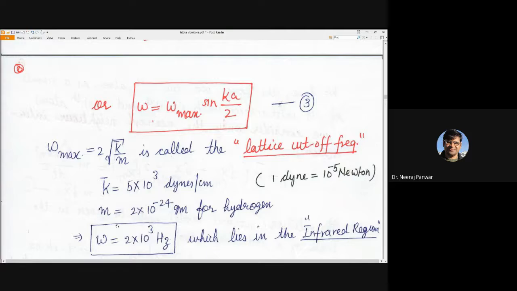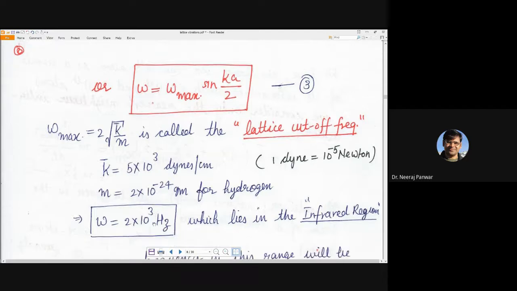If we have a one-dimensional chain of hydrogen atoms, there will be lattice waves of frequency 2 into 10 to the power 3 hertz, and this frequency lies in the infrared region.